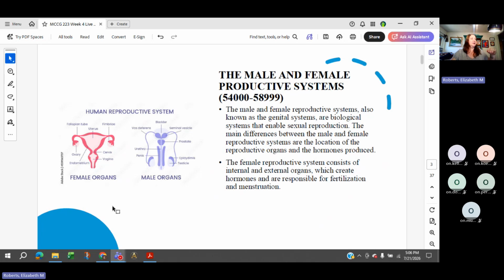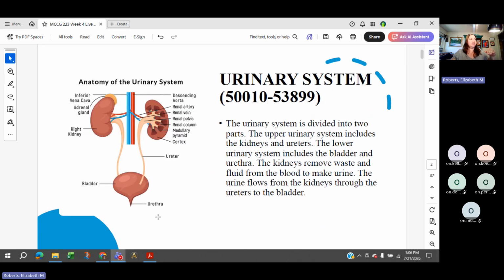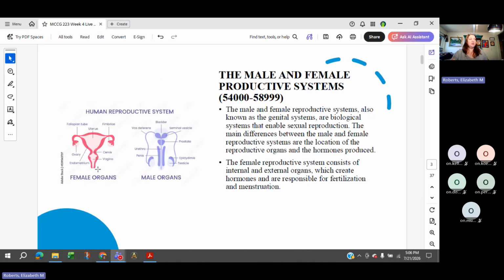So the urinary system goes from the kidneys to the urethra. Same thing with the female and male reproductive systems. The male, not so much, but with the female, it definitely starts up here with the uterus and fallopian tubes and goes down to those other structures.